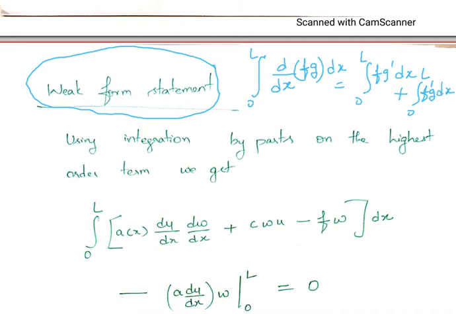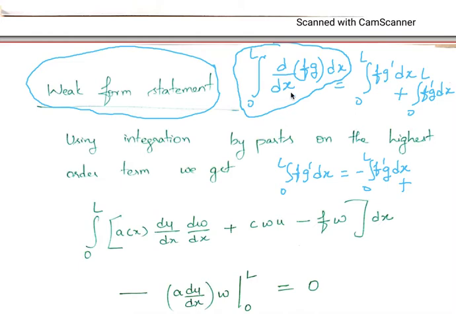Now if I take the terms onto the other side, the integral 0 to L f into g dash dx will be minus integral 0 to L f dash g dx plus, what will this integral be?